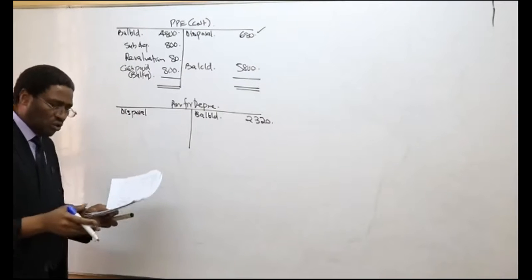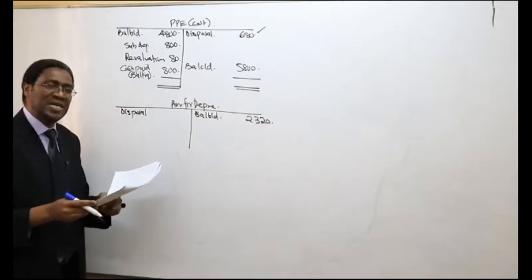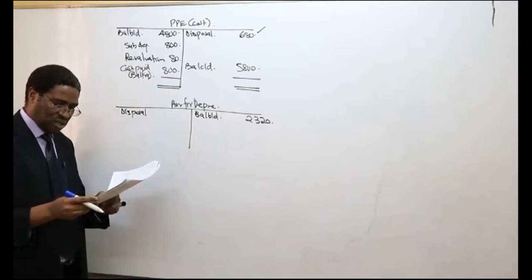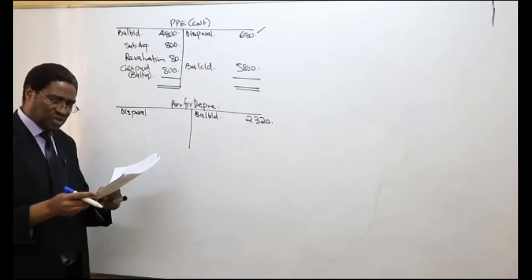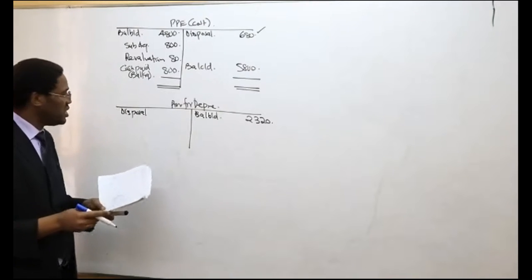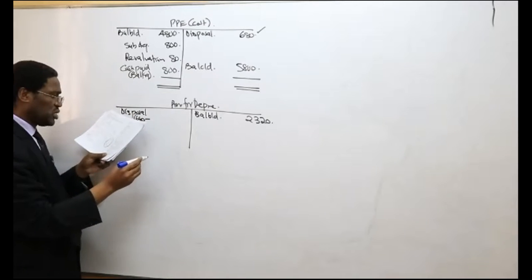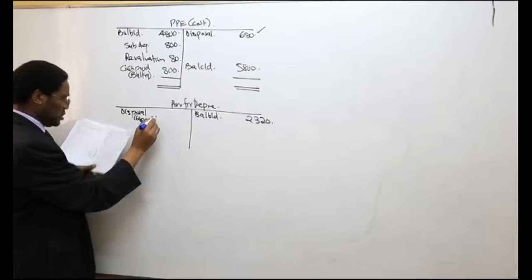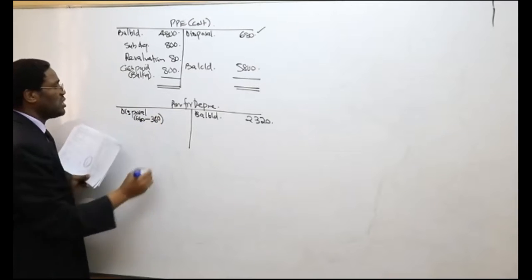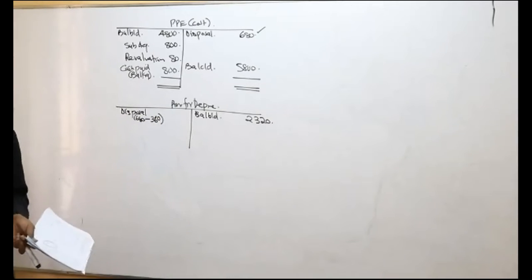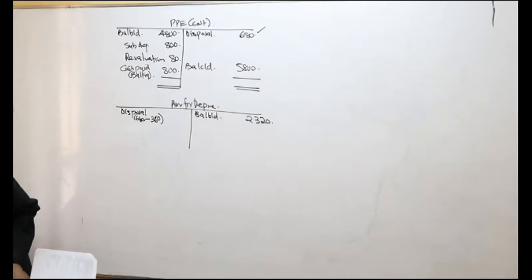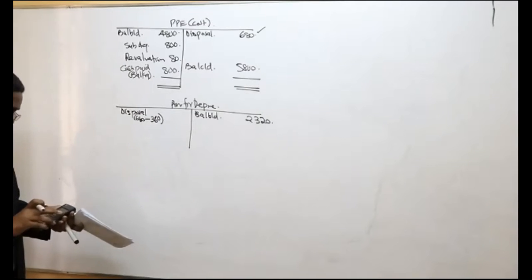So if it had a cost of 680 million, and a net book value of 360 million, what must have been the accumulated depreciation?